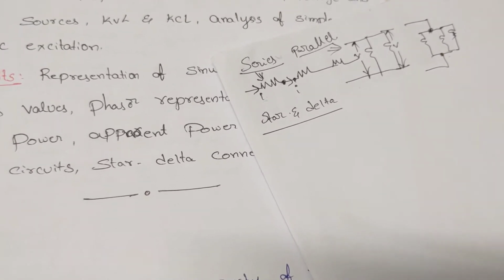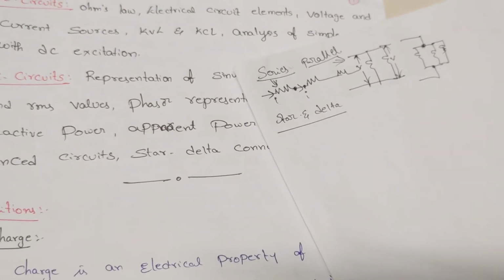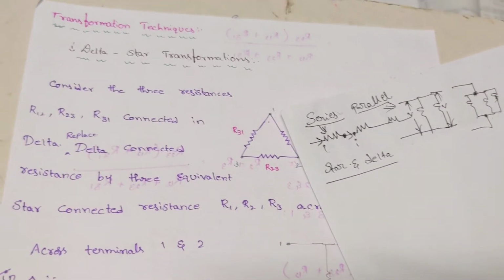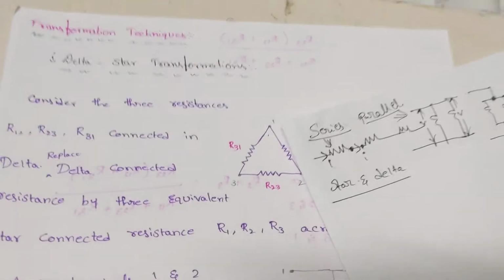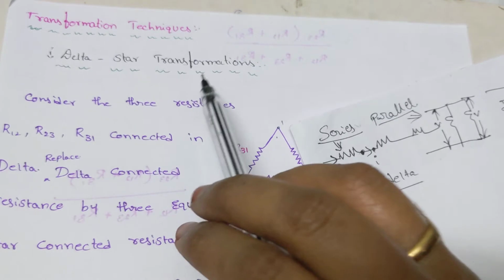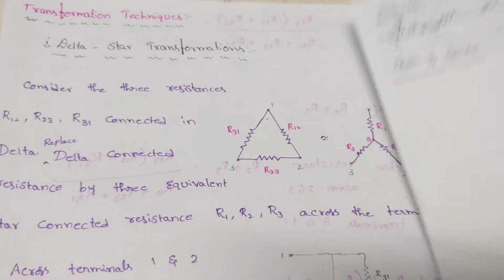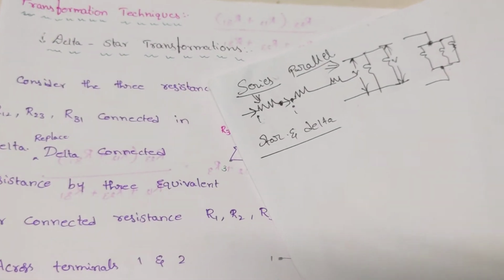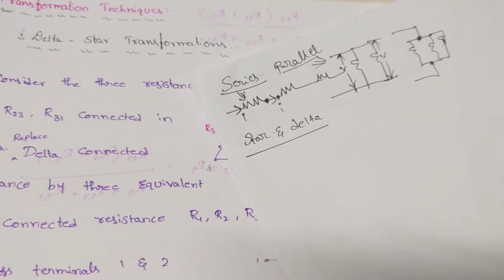As per the first transformation technique, we are going to see delta to star. First I will explain what is meant by star and what is meant by delta.